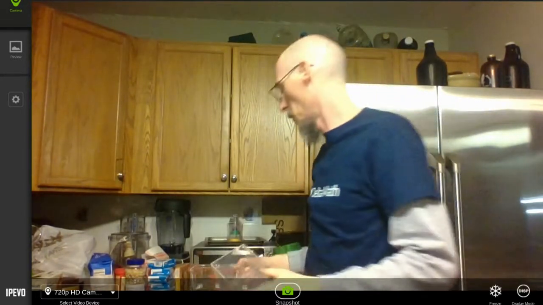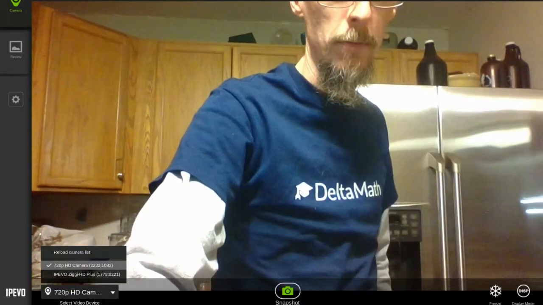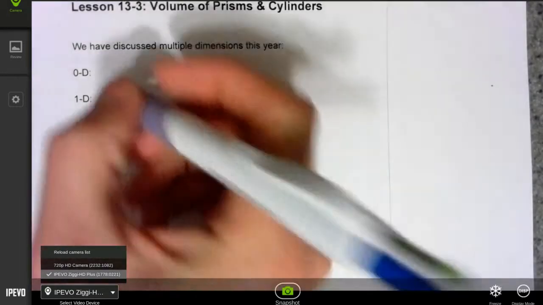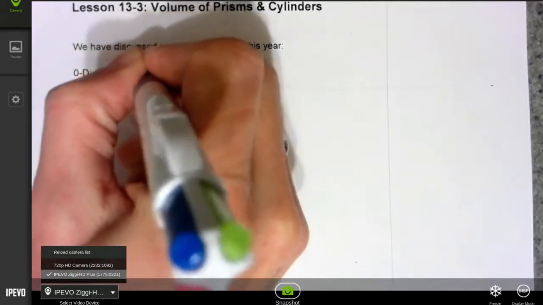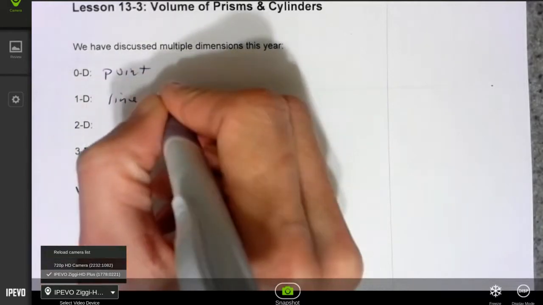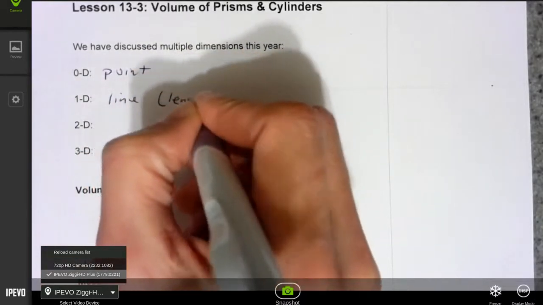So we're going from my kitchen here. Let's take a look at our notes. So let's take a look at our note page. So we talked about different units. We talked about 0 dimensions, which was a point. We talked about 1 dimension, which was a line. And with the line, we can measure length.